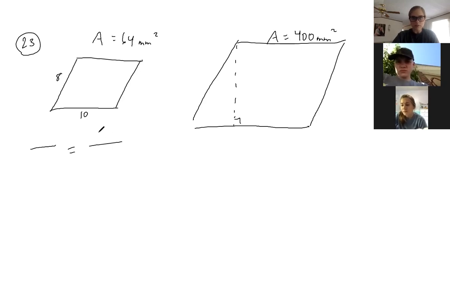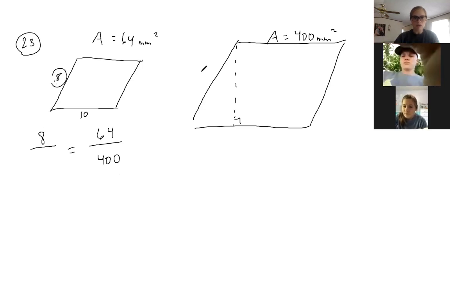So the area of the smaller parallelogram over the area of the larger is equal to a proportion using one of the sides, 8, over the corresponding side.